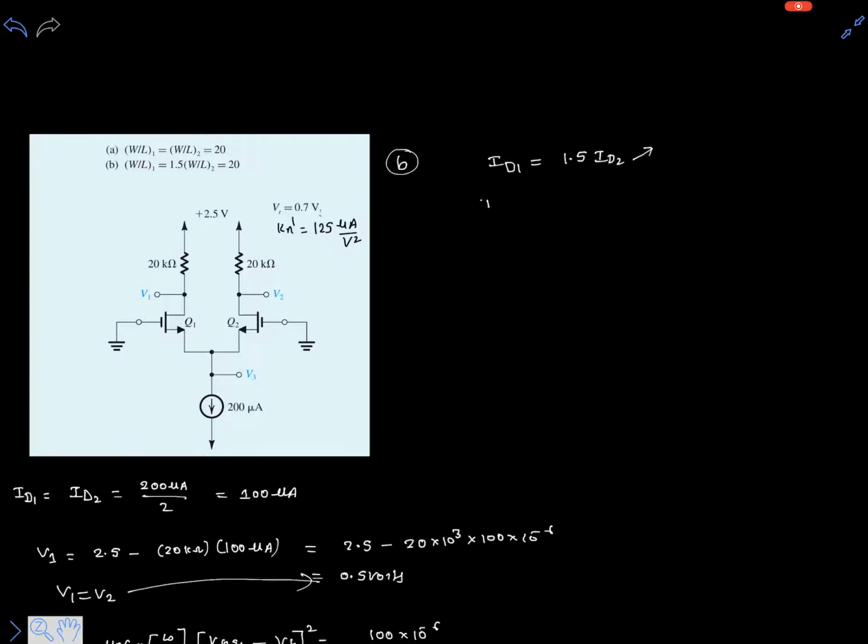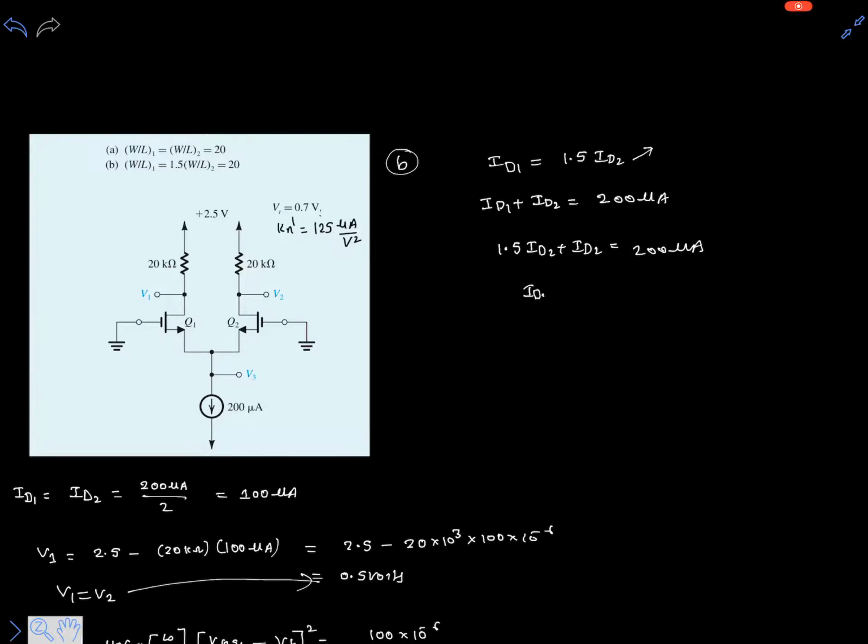So here let's take ID1 plus ID2 is 200 microamperes, but ID1 is 1.5 times ID2, so 1.5 ID2 plus ID2 is equal to 200 microamperes.